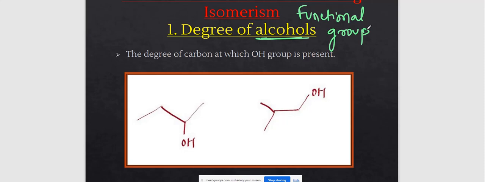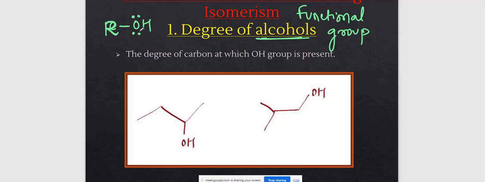Alcohol is OH. That means the other side it is connected with carbon. Generally we don't have one carbon, we have a bigger chain of hydrocarbons, so we just represent it with alkyl group or R-OH. Clear? And on the oxygen atom we have two lone pairs of electrons. This is your alcohol symbolic representation.